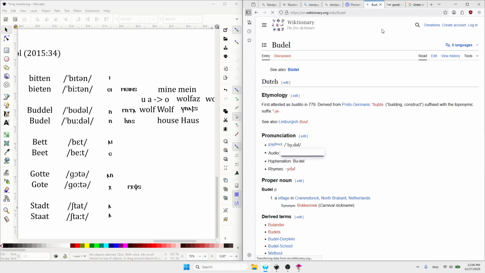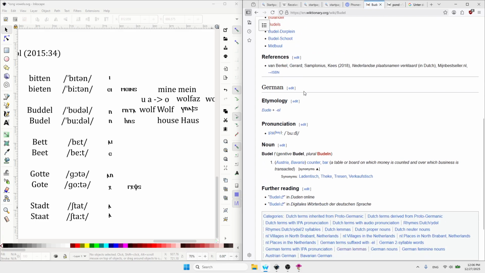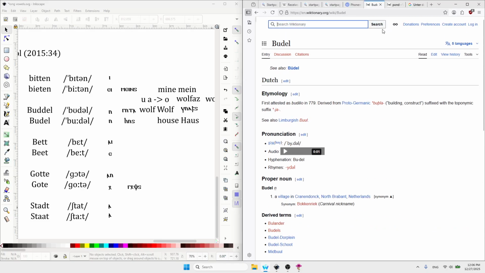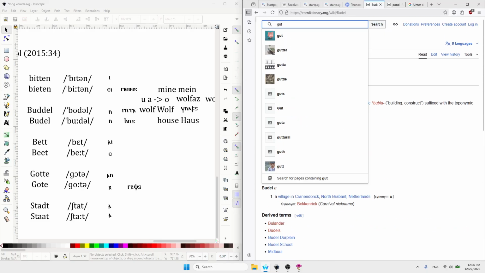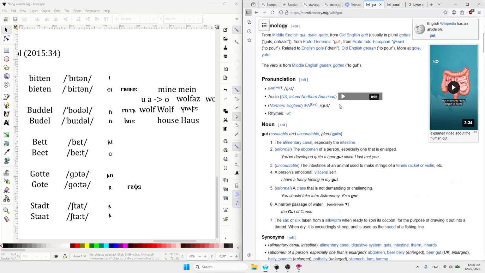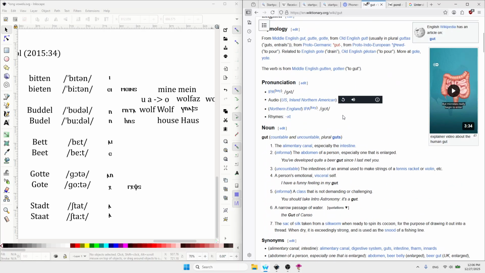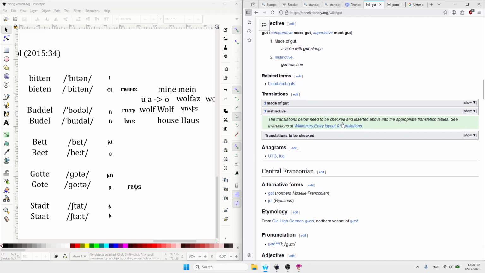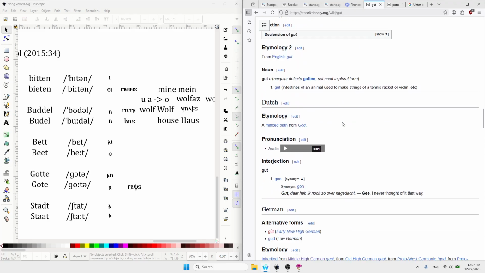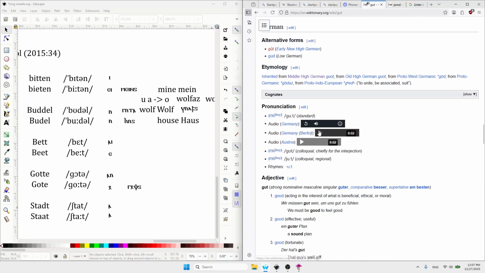And then let's see. Here it says it's long, but I'll have to find a word where it's actually long. Gut. That's English, not German. Gut. Here it sounds really long.